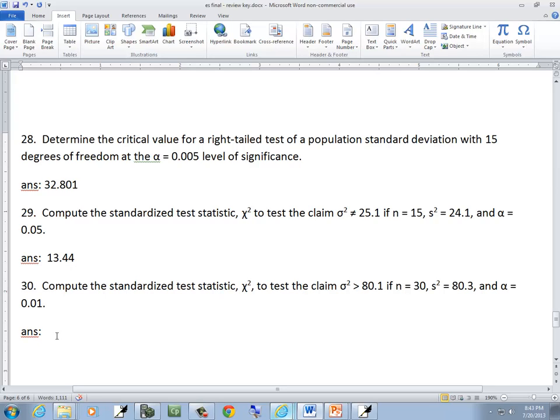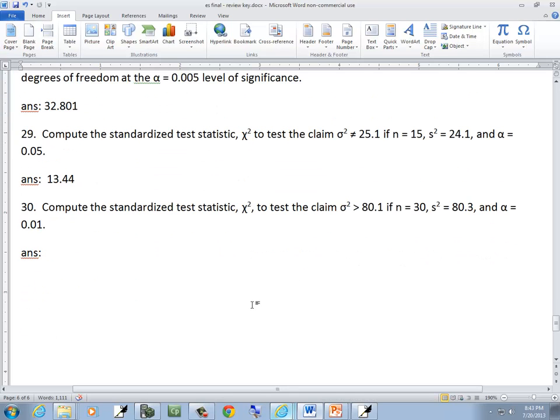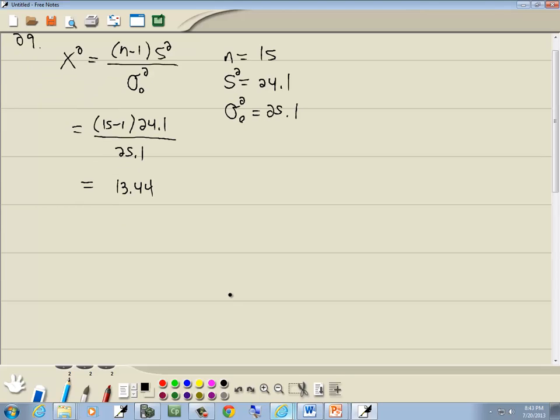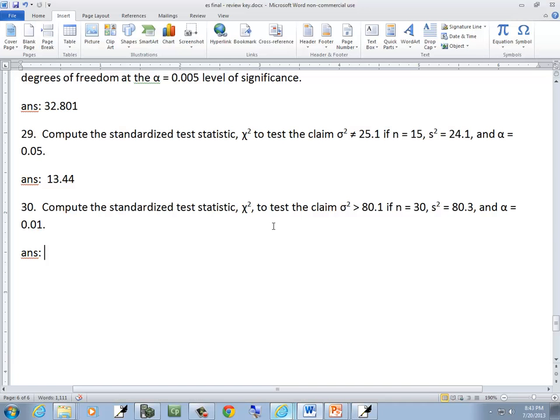I see the light at the end of the tunnel. We're just about there. One more. And this is kind of the same idea. Same formula. Got our chi-square is equal to n minus 1 times our sample variance divided by sigma naught squared. So number 30. N is 30.